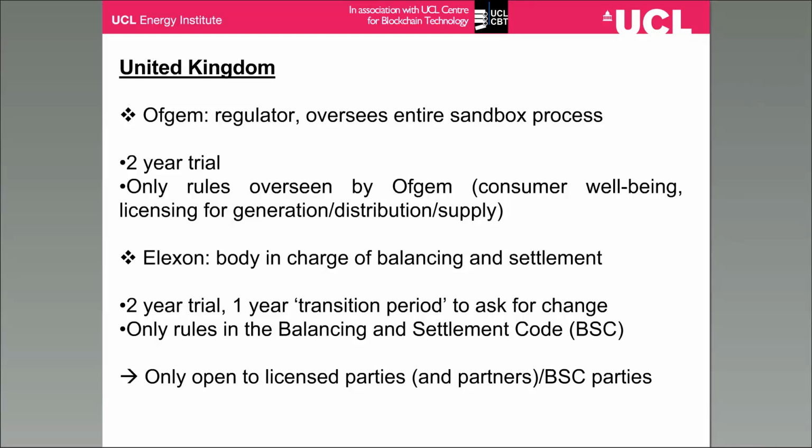And this Elexon Sandbox then allows for derogations from the Balancing and Settlement Code, only from those rules. And it has an interesting deviation from the Ofgem process, which is that the trial can be 2 years, but you also get a 1-year transition period where you can ask for a modification in the rules that you thought were an obstacle to your business idea.